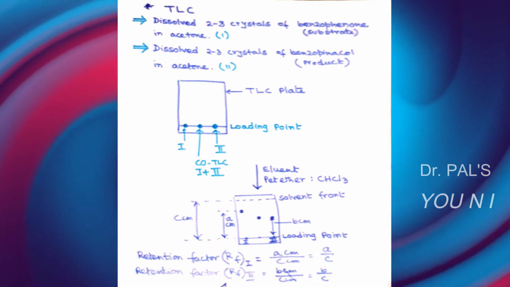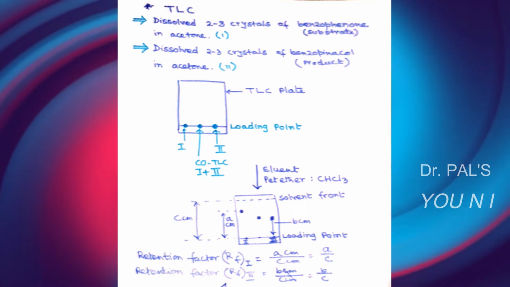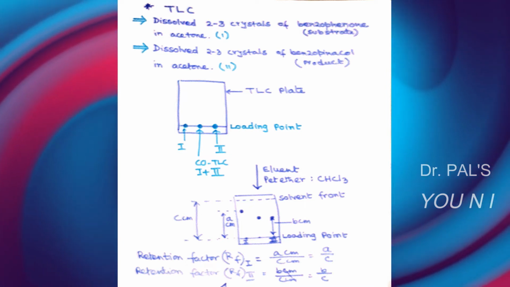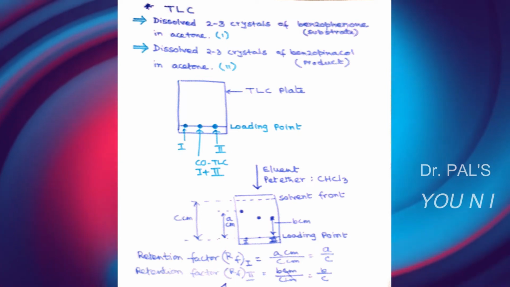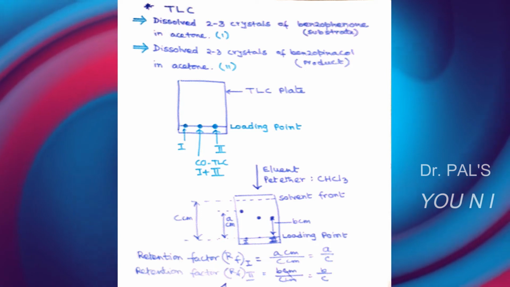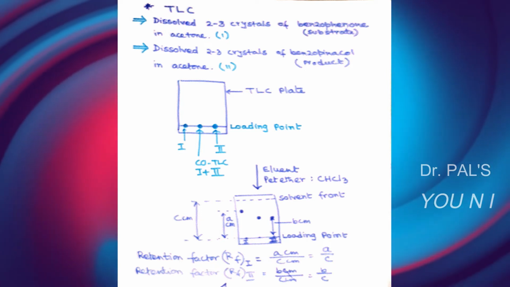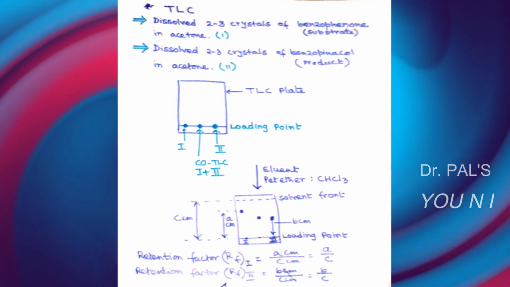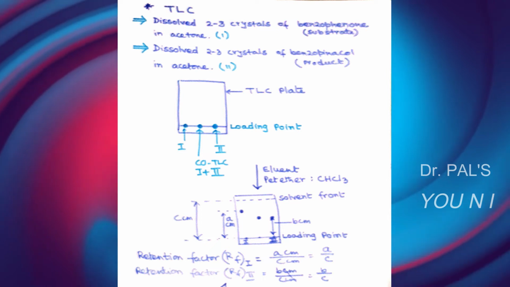Now from this TLC plate, another important thing we have to do is the calculation of the retention factor of benzophenone and benzopinacol. We have one formula: retention factor Rf is equal to the distance travelled by the compound divided by the distance travelled by the eluent or solvent.